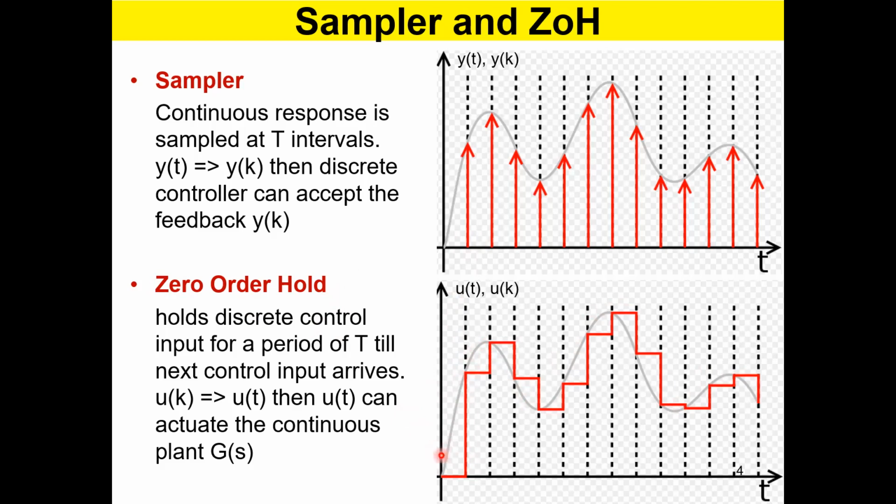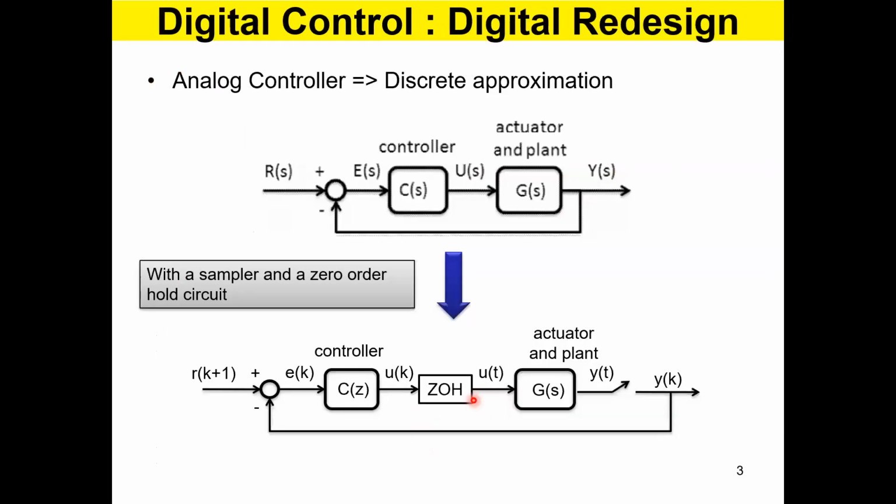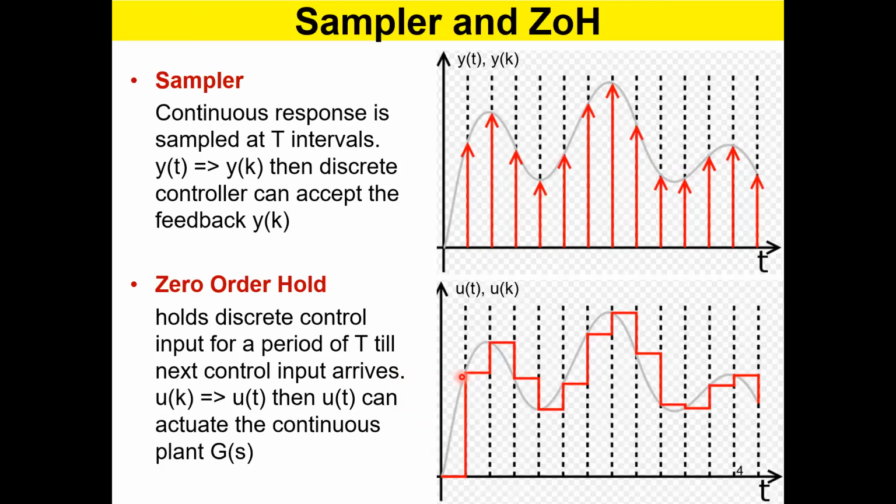This is the zero-order hold. There what you do is you have samples you calculate from your discrete controller, right? So this is a sample, this is another sample, this is another sample, and so on. So the zero-order hold circuit over here, what it does is it receives u(k), it receives these values, okay, from the discrete controller.